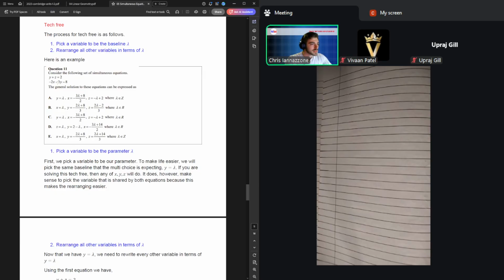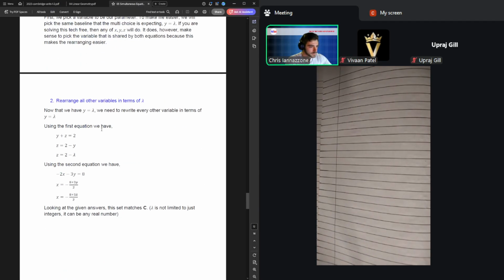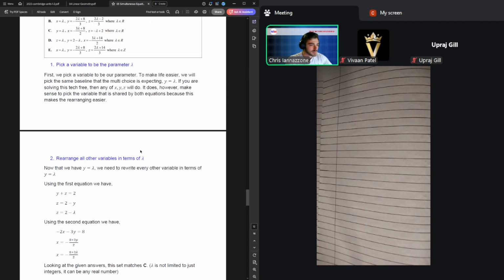So, in fact, what you pick is probably going to be decided by what is shared between the two of them. So this one has a y, this one has a y. There's nothing else that's actually shared between them. That'll be the best variable to pick. Not the only one. There is a lengthier way to do it with non-shared variables. Anyway, just rearranging both of those, we now have x, y, and z purely in terms of lambda.